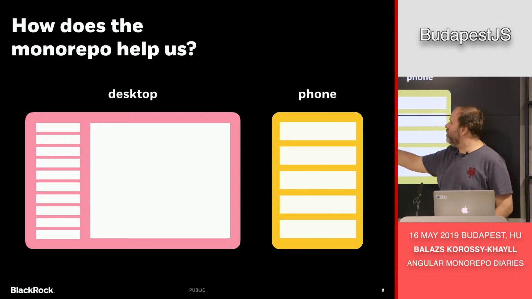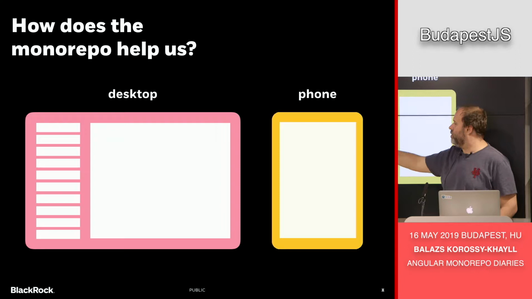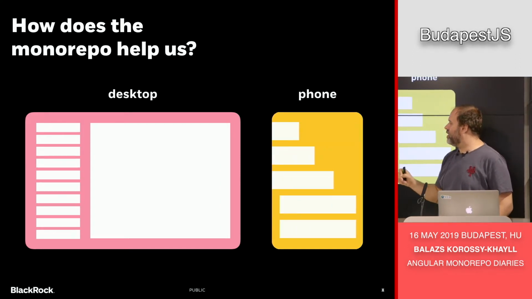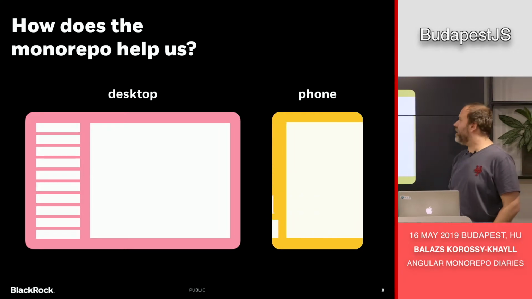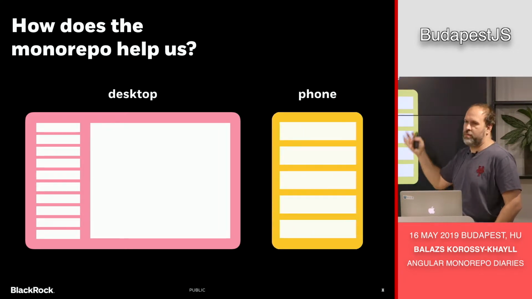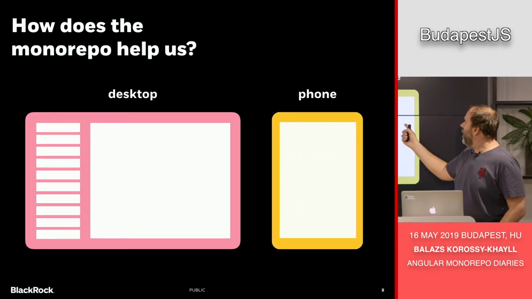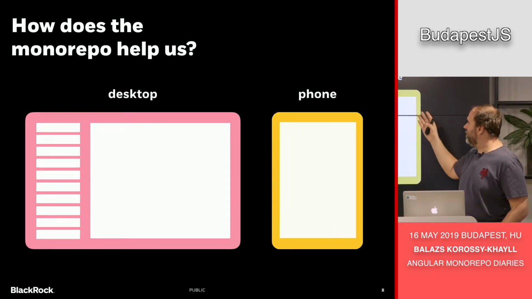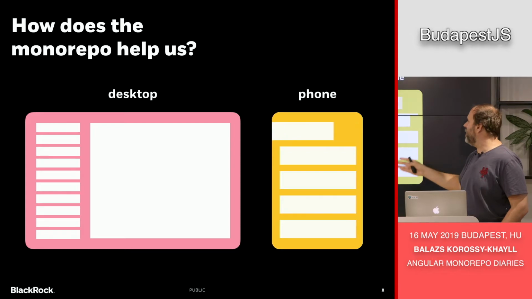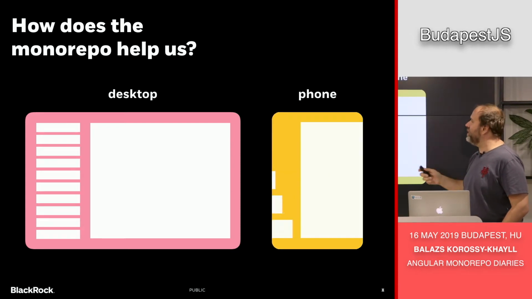And on the right, you see the detail for one item. So if you click an item, the details will be displayed next to it. It could be an email client or something else as well. On the phone, you have two different pages. So you have the list page, and if you click an item, it will display the details.